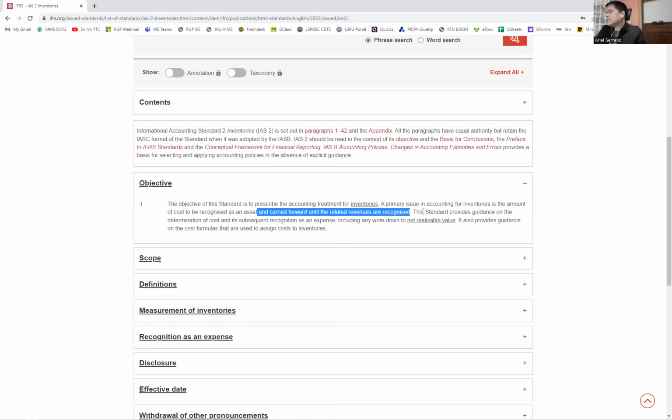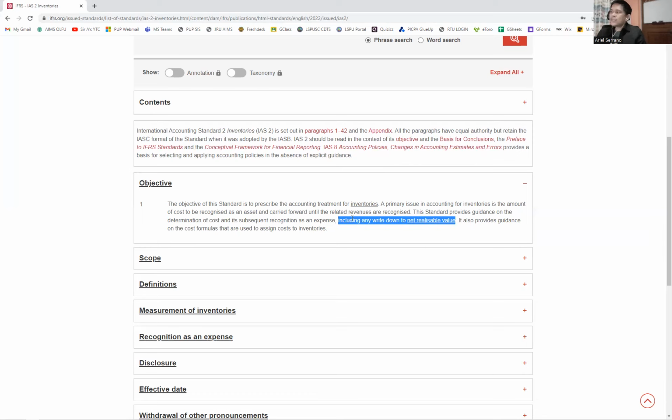Okay? So this standard provides the guidance on the determination of cost and its subsequent recognition as an expense, which is your cost of goods sold, including any write-down to net realizable value.